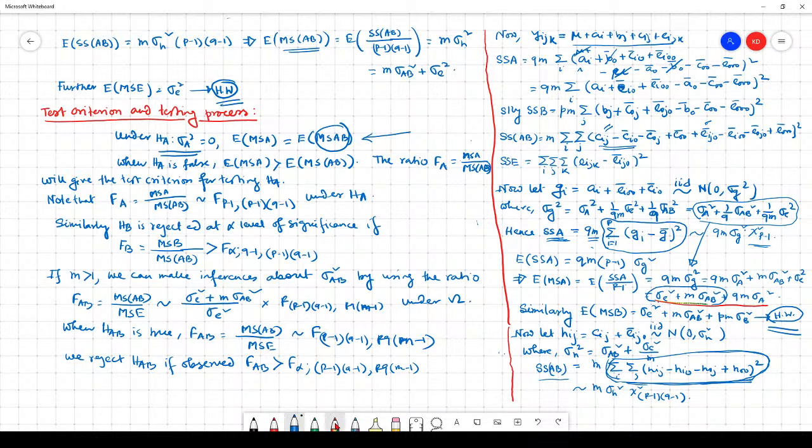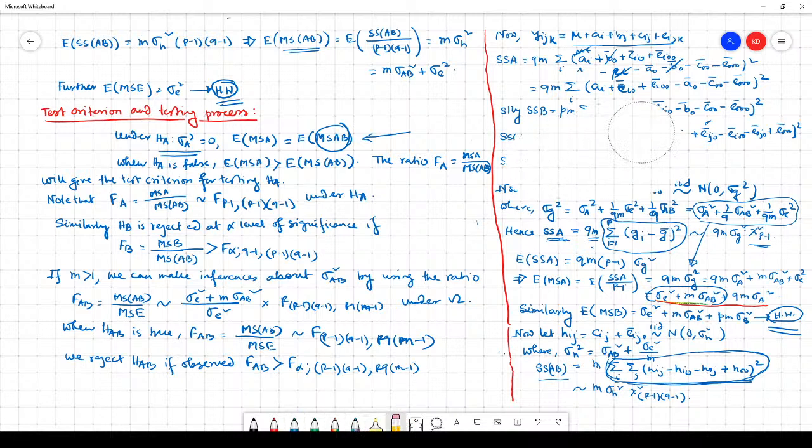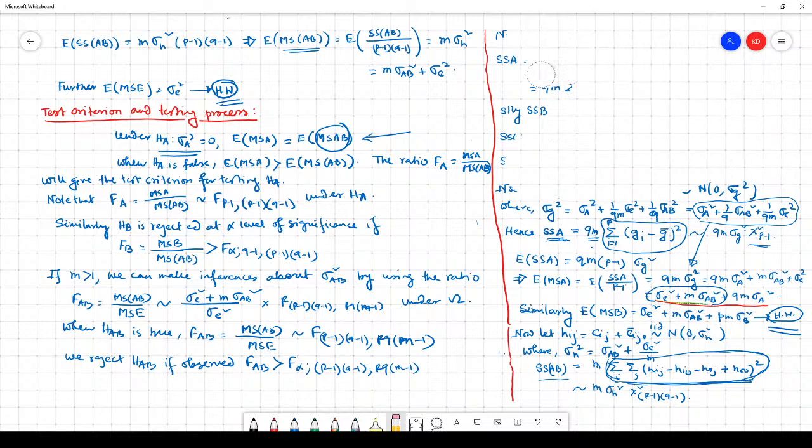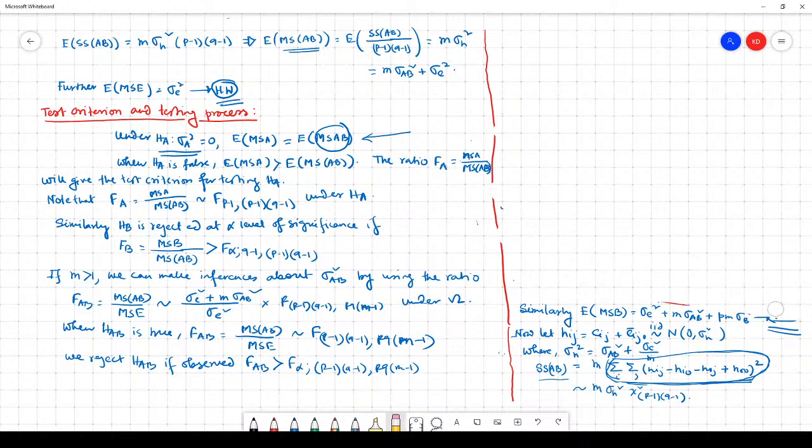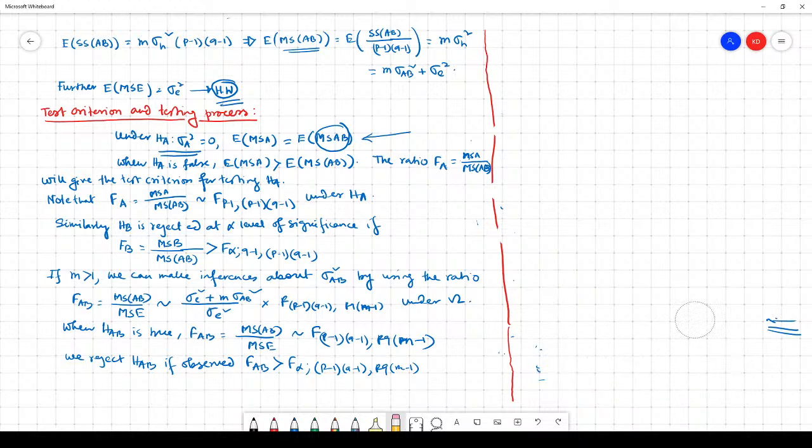Now consider the ANOVA table. The first column is source of variation, you know it. Second column is degrees of freedom.